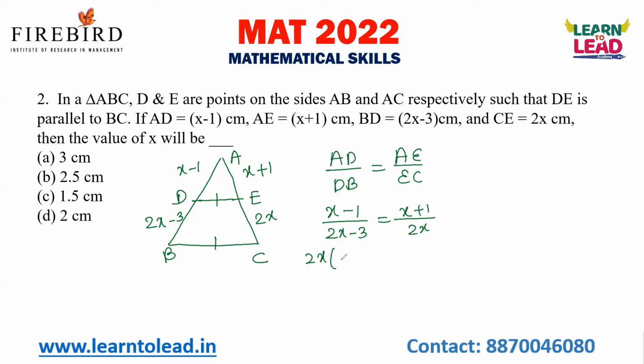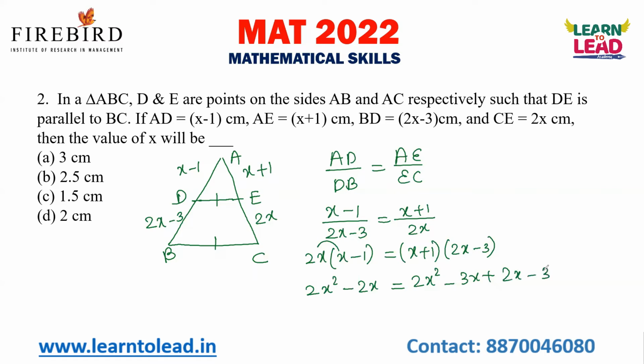They are asking finally for the x value, right? So 2x into x minus 1 is equal to x plus 1 into 2x minus 3. Multiply inside: 2x square minus 2x. Here you will get 2x square minus 3x plus 2x minus 3.